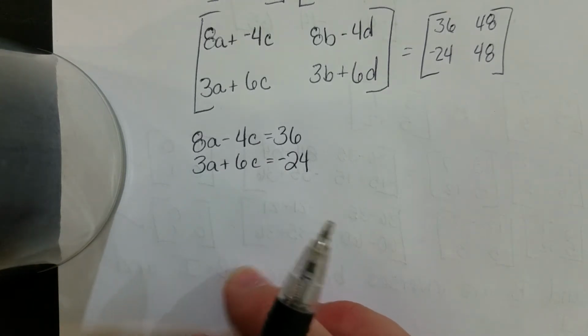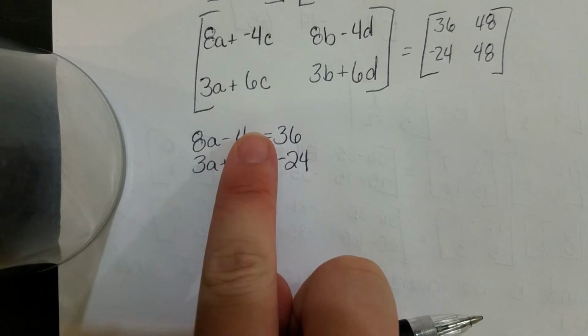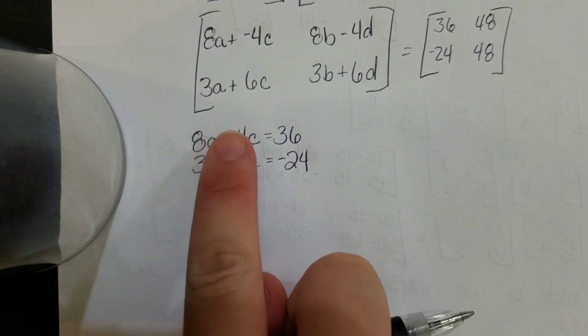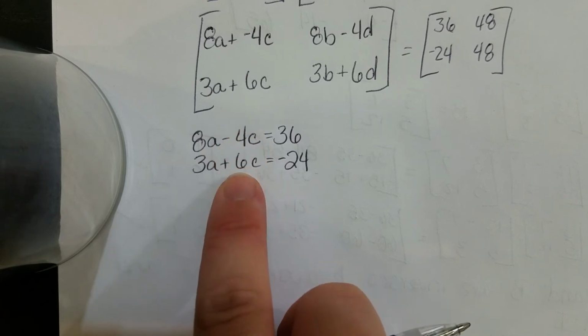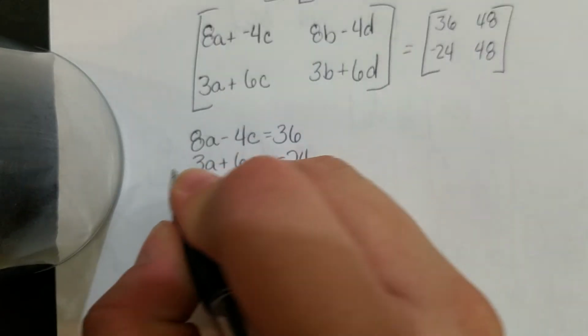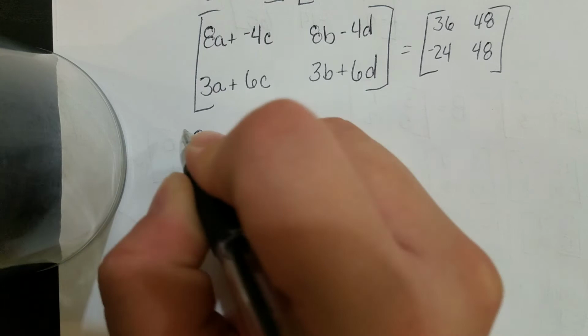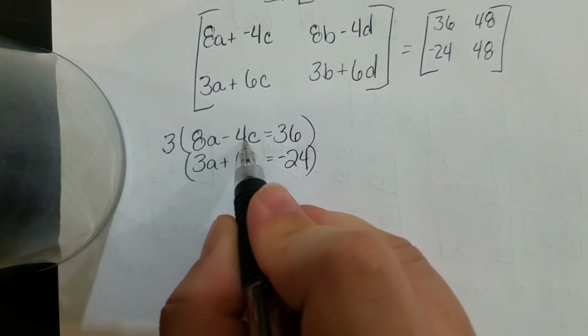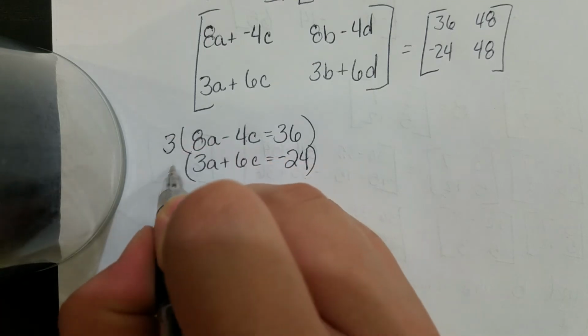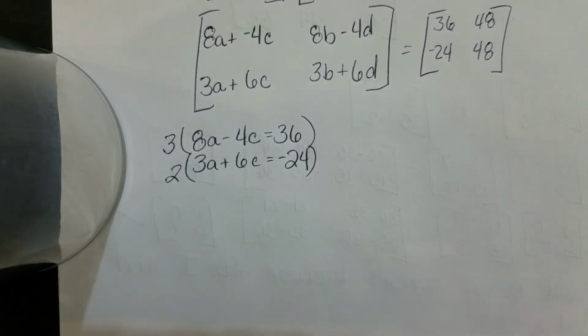So in this case, I'm going to go ahead and try and get rid of my C because I already have 1 positive and 1 negative. 6 and 4 both go into 12, so basically I'll just make each of these 12. So this one I'll times by 3 to make this 12, and this one I'll times by 2 to make it 12.